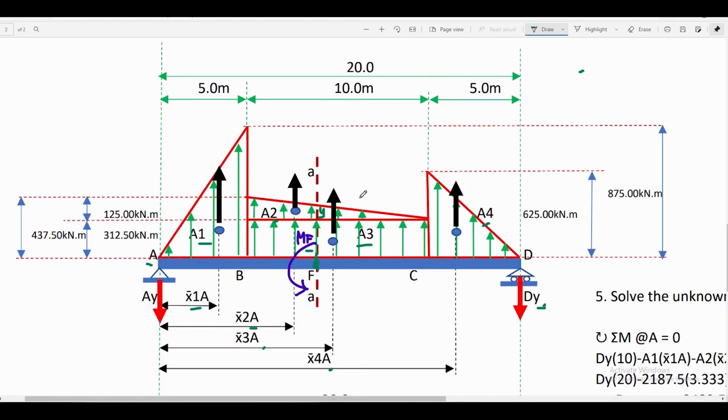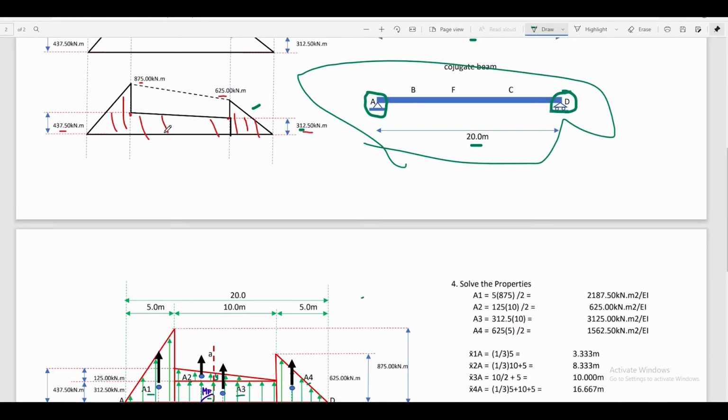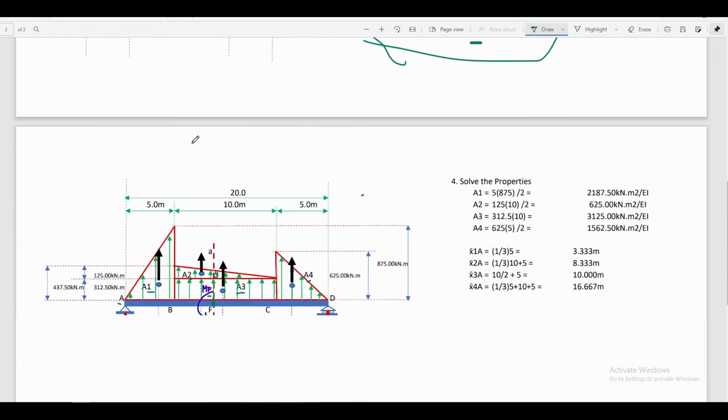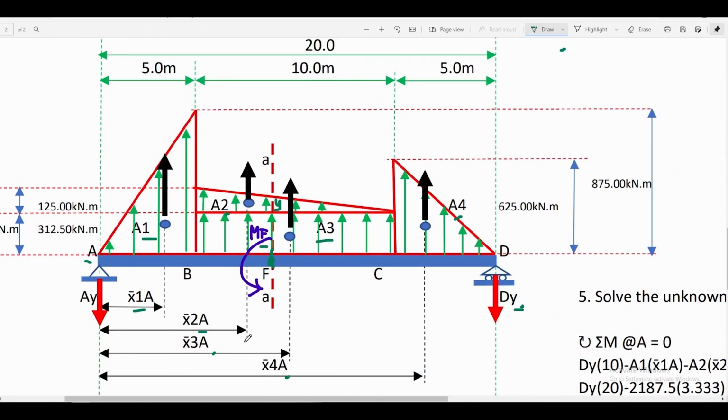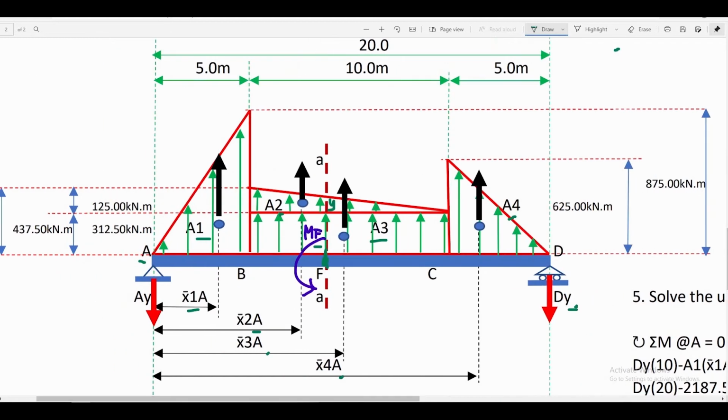We can observe also that we have considered the location of the M over EI diagram. Since our M over EI diagram is located on the positive side, or above the neutral axis, it is applied in upward direction on our conjugate beam. So the ordinate at point B is equal to 875 kilonewton meter. The ordinate at point C is equal to 625 kilonewton meter.